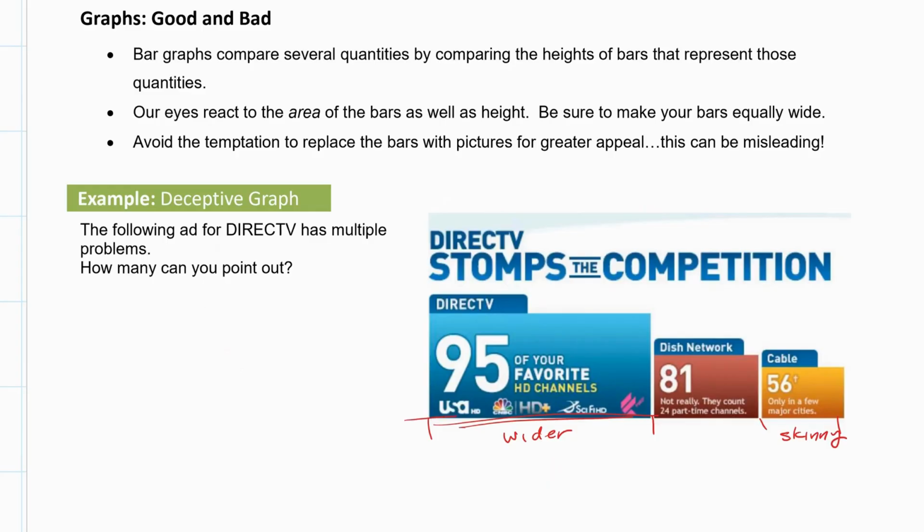Is there a true zero here? Is this 95? And if that's so, halfway would be about 47. If I draw that line across, that 56 is looking more like 47, and this 81 isn't anywhere close. So the vertical scale is wrong as well.